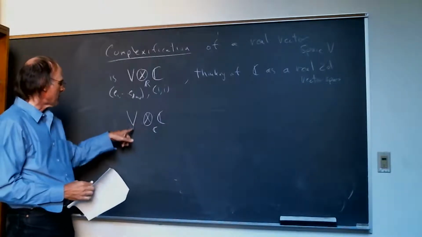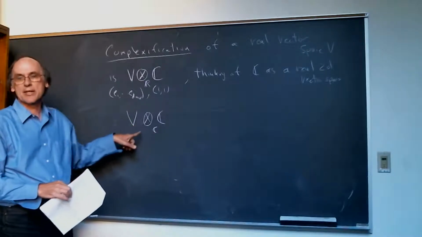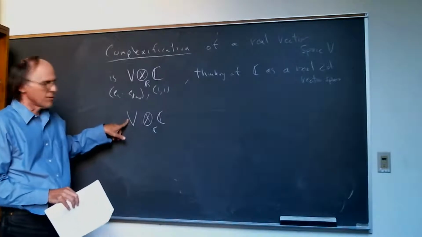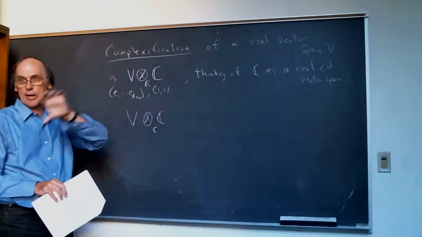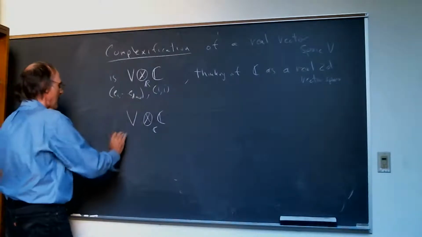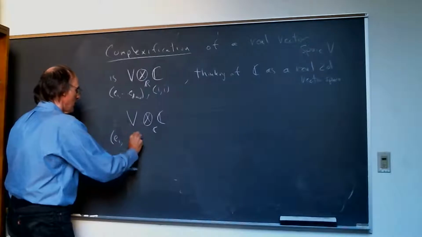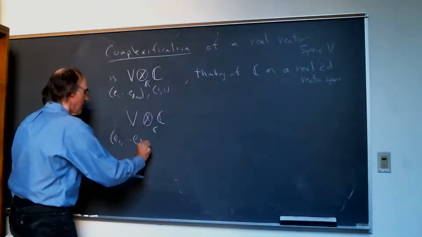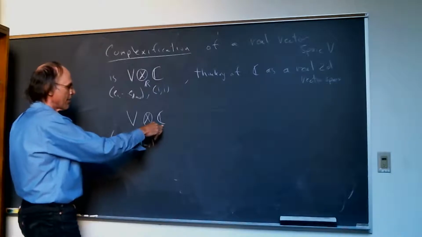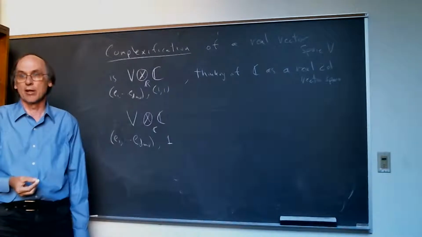It's going to have some complex basis, built from all the things you need to get by multiplying by complex numbers. But this guy, as a complex vector space, has just one basis element. He's just one dimensional, right?